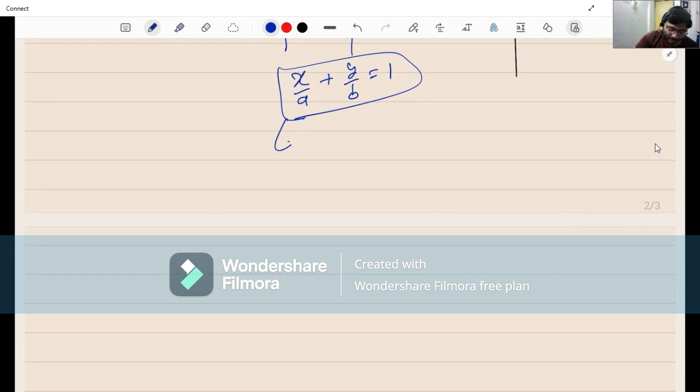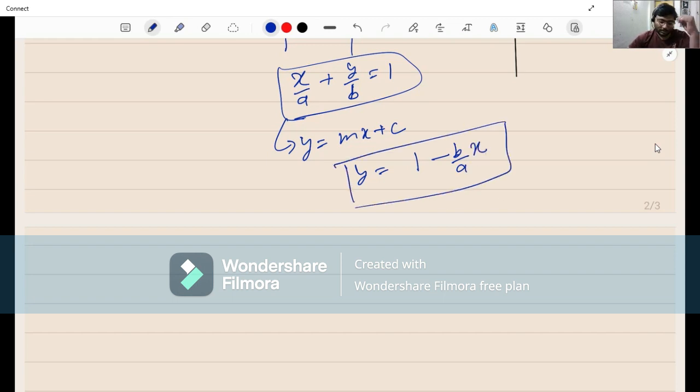Write this equation in the form of y equals mx plus c. If you do so, just multiply by b and arrange the equation, it will look like y equals b times 1 minus x by a, that is y equals b minus (b by a) x.